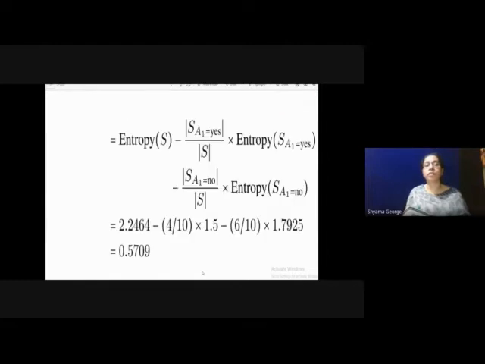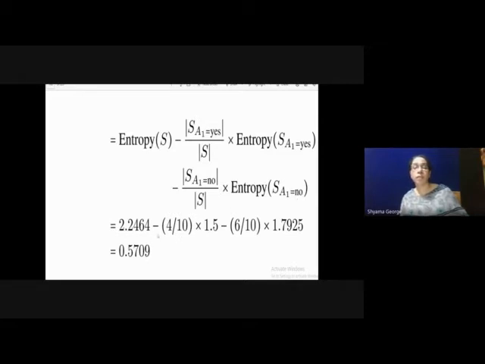So when you substitute, entropy S denotes the entire data set, minus SA yes divided by S into entropy of SA yes, minus SA no divided by S into entropy of SA no.